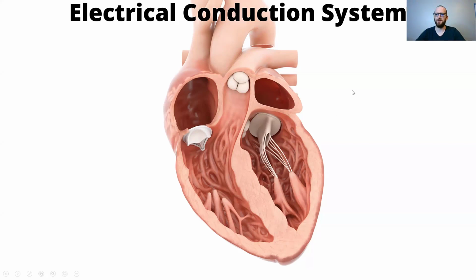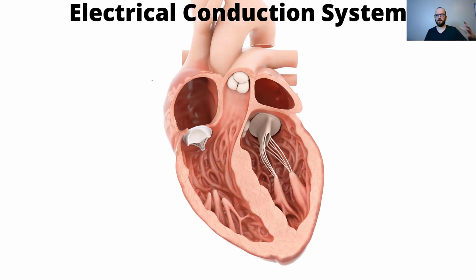Go back to this picture that we've used lots of times. So the electrical conduction system. We talk about the heart in terms of the chambers and blood flow. We talk about the heart and the electrical system that is making those muscles contract. We talk about blood vessels, all these different things. So the electrical conduction system is a little bit easier to strip away some of the layers to show where these things are, right?